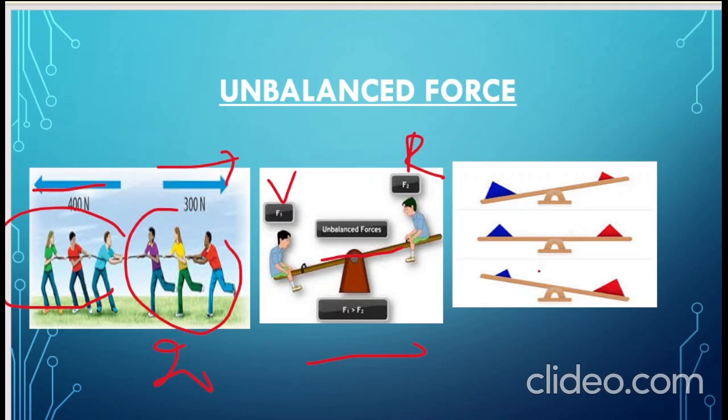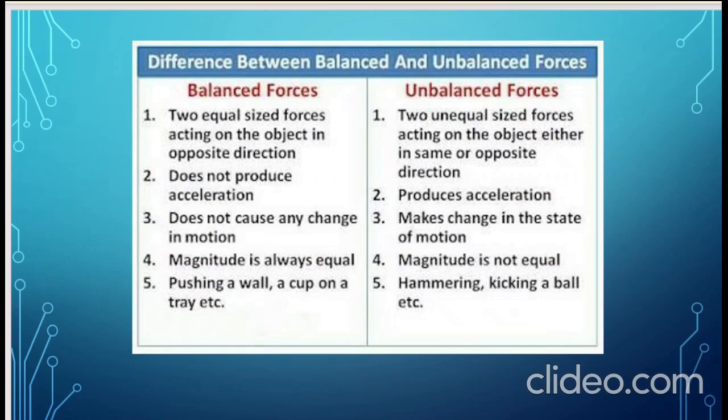Then come to comparison between balanced and unbalanced forces. Last topic of this video. Balanced forces: equal size forces acting on the object in opposite directions. Unbalanced forces: two unequal size forces acting on the object either in the same or opposite direction. Second comparison: in balanced forces there is no acceleration, whereas there is acceleration in unbalanced forces.